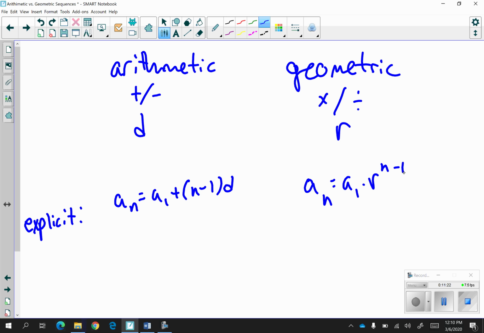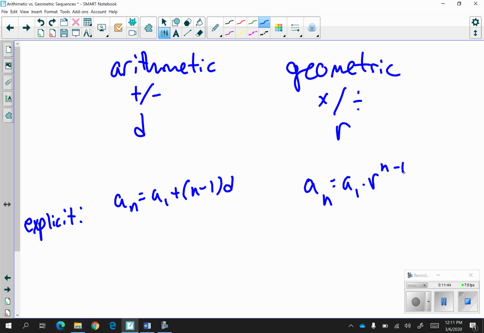Now, when you actually do problems with these, first of all, you have to make sure: is your sequence arithmetic or geometric? And then, additionally, you have to make sure what type of equation they want this in, because there is something other than an explicit formula, which will be mentioned in the next video. It's called recursive form.